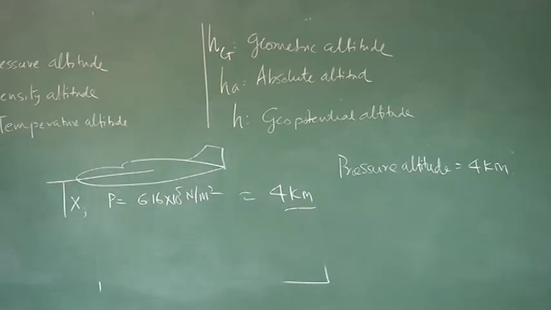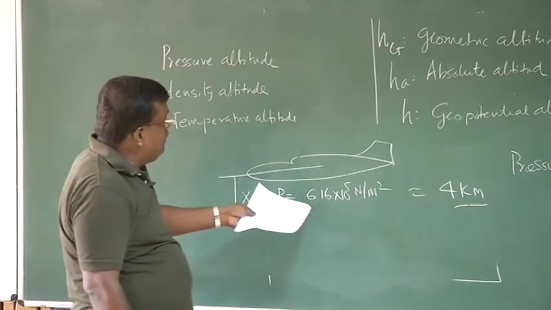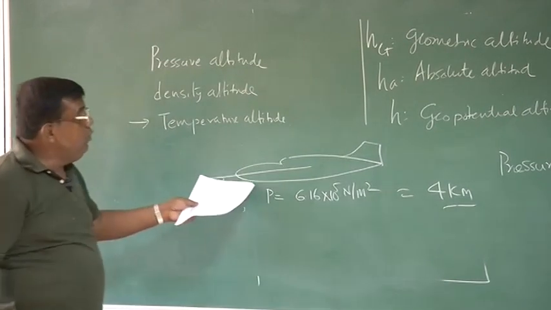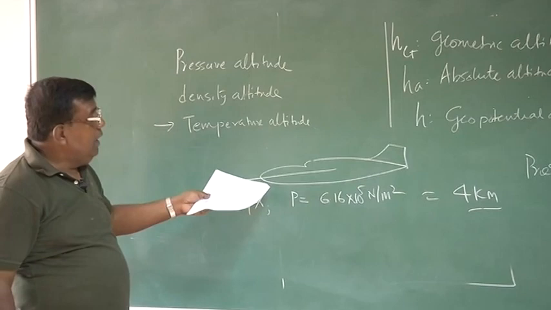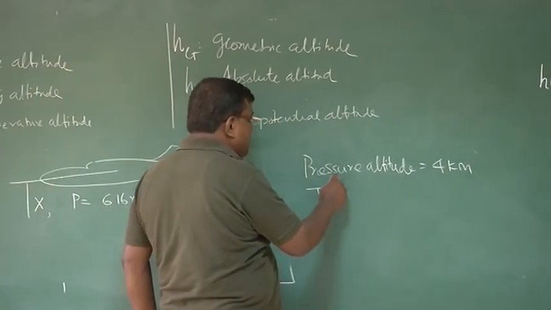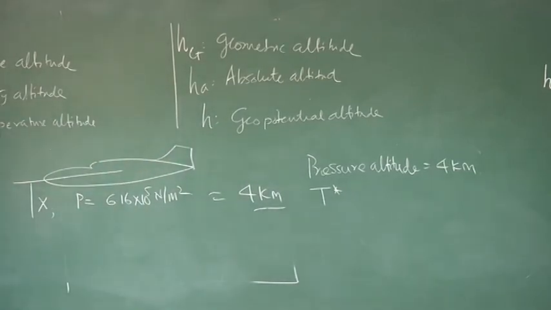Now, come back to temperature altitude. When you are sensing a pressure of 6.16 x 10^5 Newton per meter square, you put some instrument which can measure temperature, and let's say that temperature is T star at that altitude. But what will be the temperature altitude?